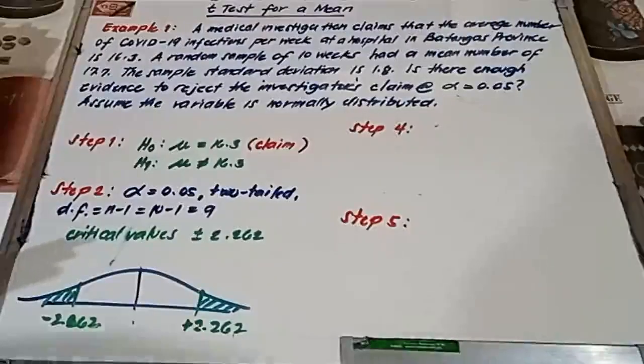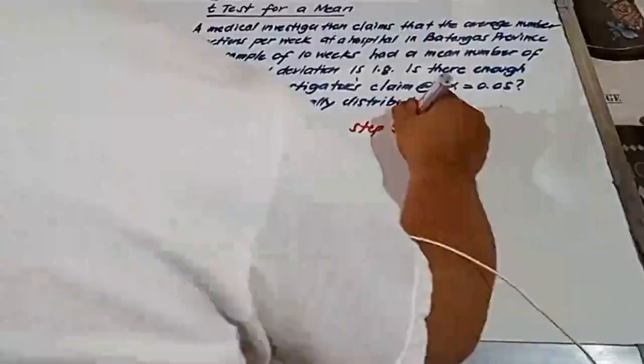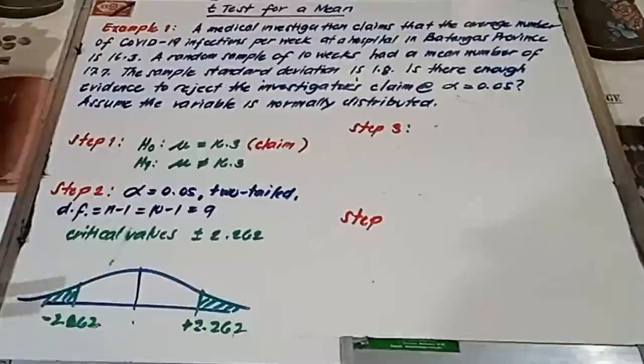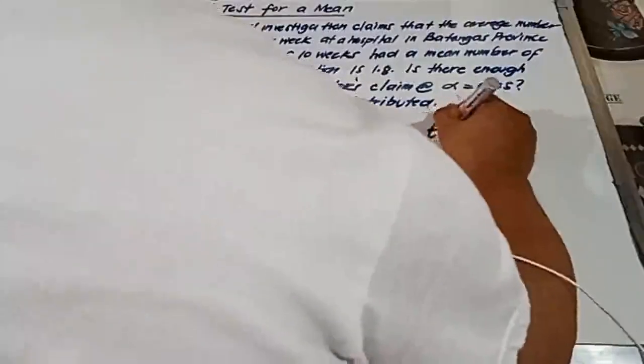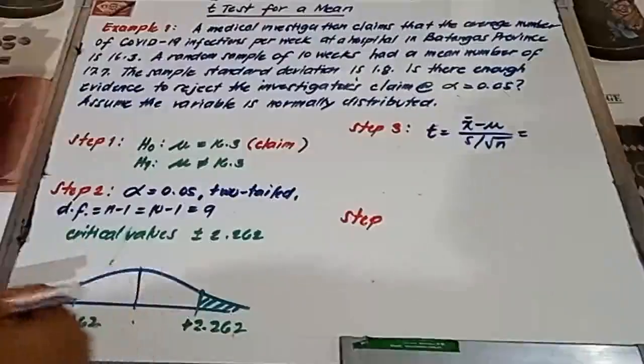Okay? Now, for step number 3, kukunin lang natin yung test value gamit yung ating formula na t equal to x bar minus mu over s over square root of n. Okay? Substitute natin yung given values.